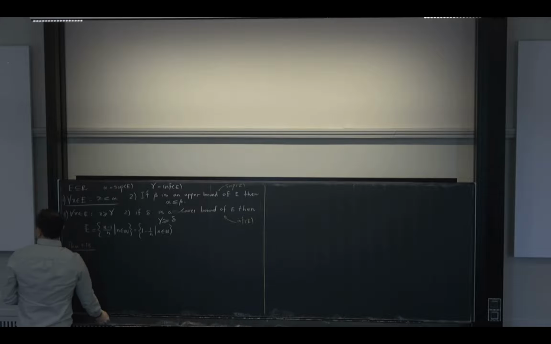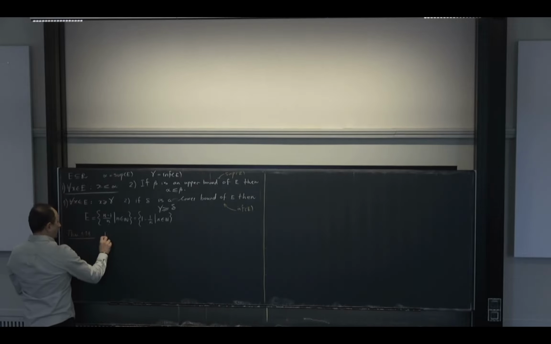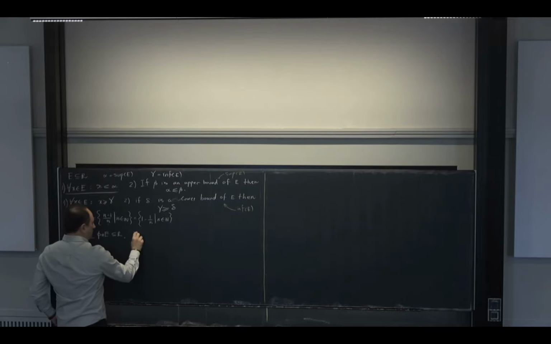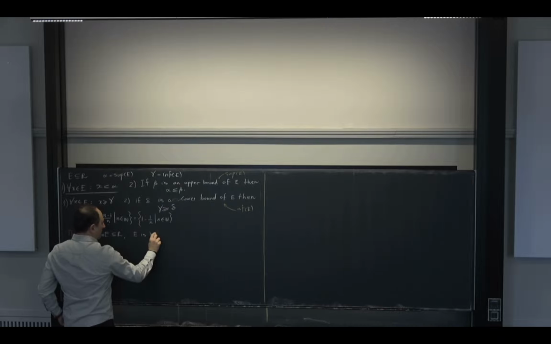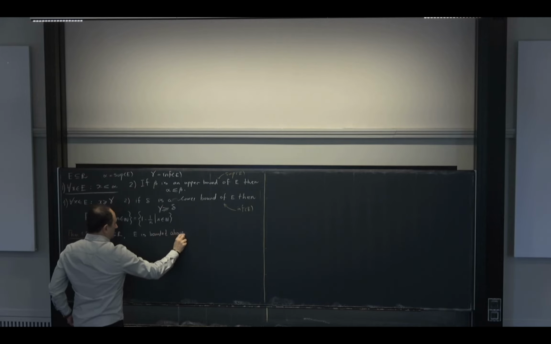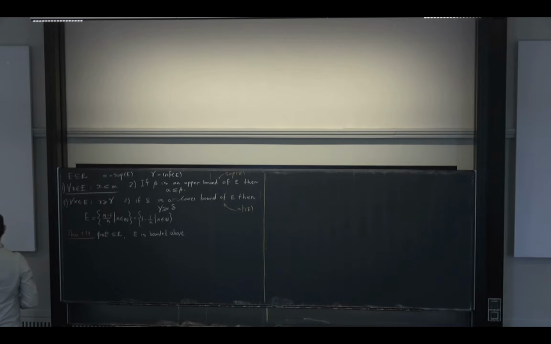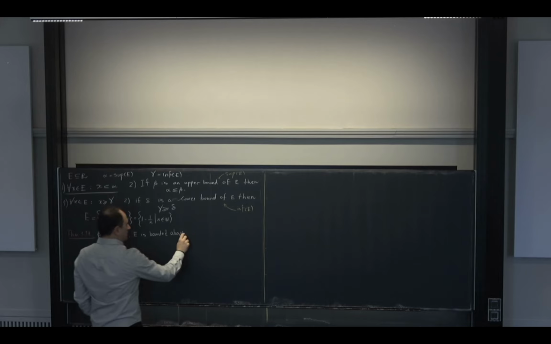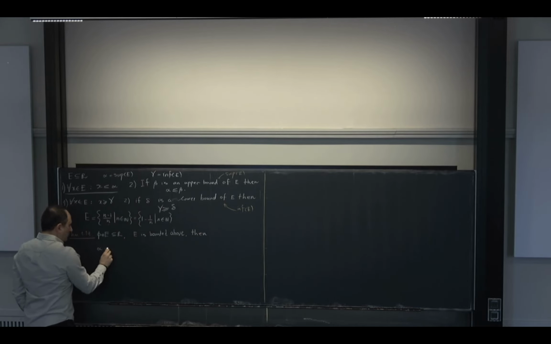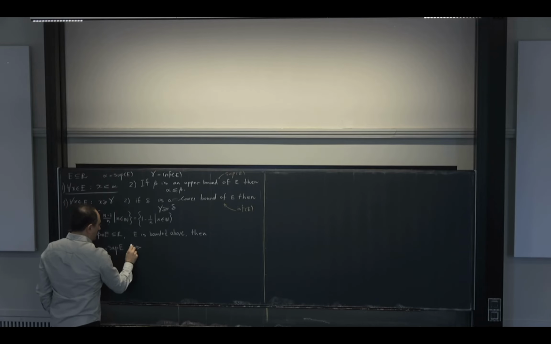The theorem tells me that if E is a subset of R but not empty, and it is bounded above, this is important, E is bounded above, then alpha is the supremum of E if and only if this happens.